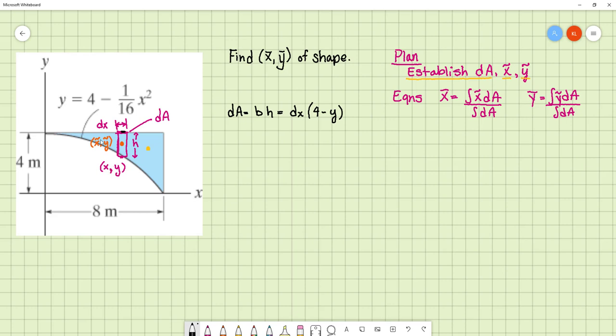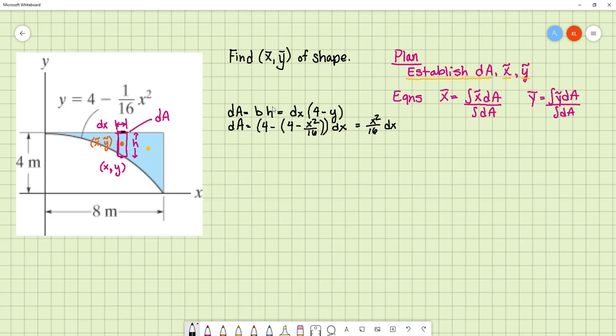Now we want to take the y value and put it in terms of x by substituting in this formula. So we're going to rewrite dA in terms of x. dA equals 4 minus y, and y is 4 minus, I like to rewrite this as x squared over 16, dx. I could write this one more time as dA equals x squared over 16 dx.